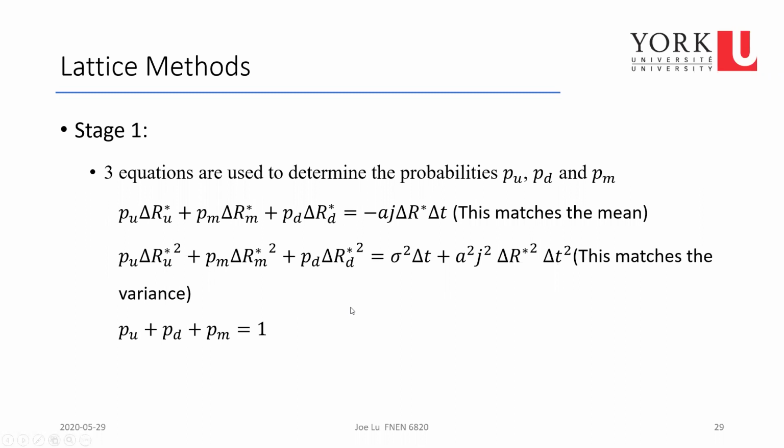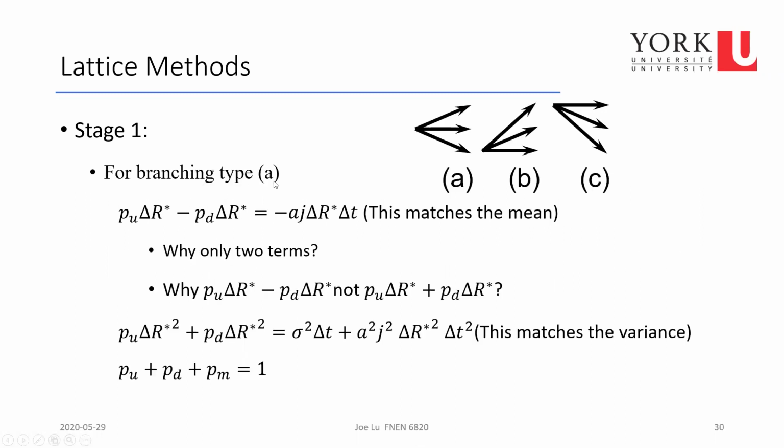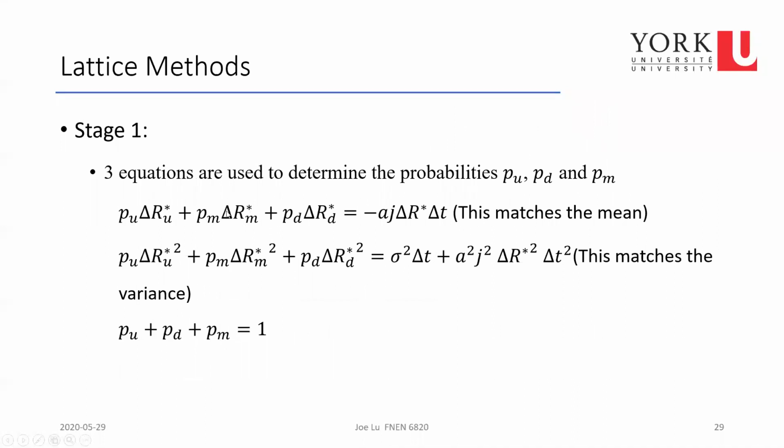We have 3 types. So let's see for branch type A, where the middle change here is no change. Okay, so because of this, we then only have 2 terms. So the PM times this delta R star M dropped out because this delta R star M is equal to 0.